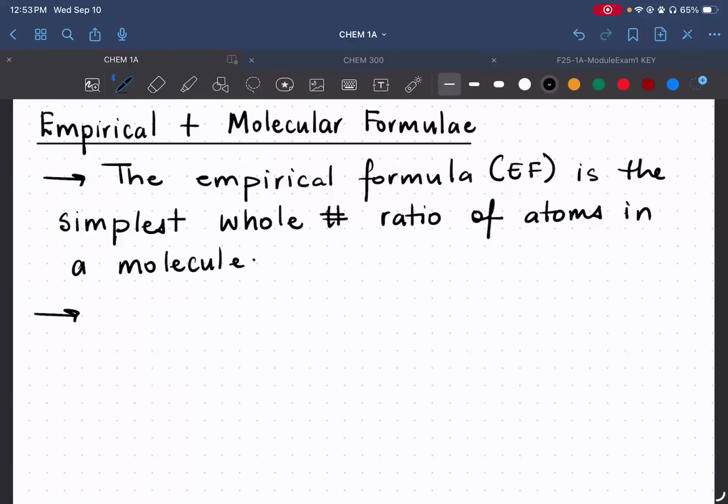The molecular formula, MF, is the exact whole number ratio.